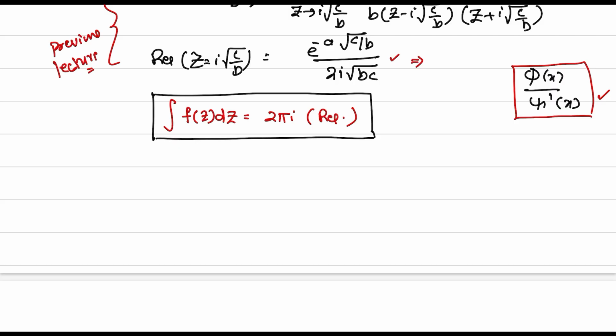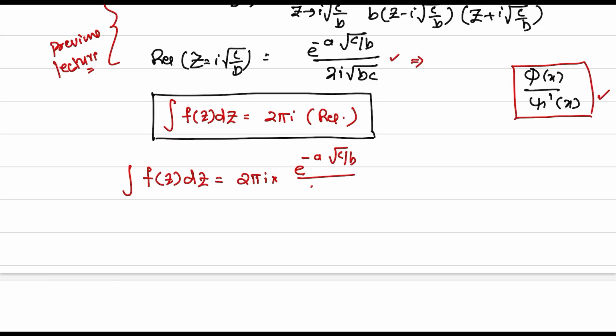Now the answer is the integral of f(z) dz is equal to 2 pi i into the residue, which is e to the power of minus a square root of c by b.